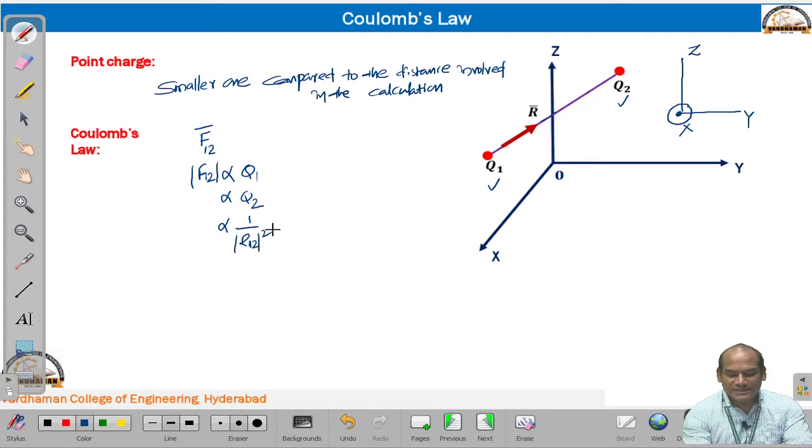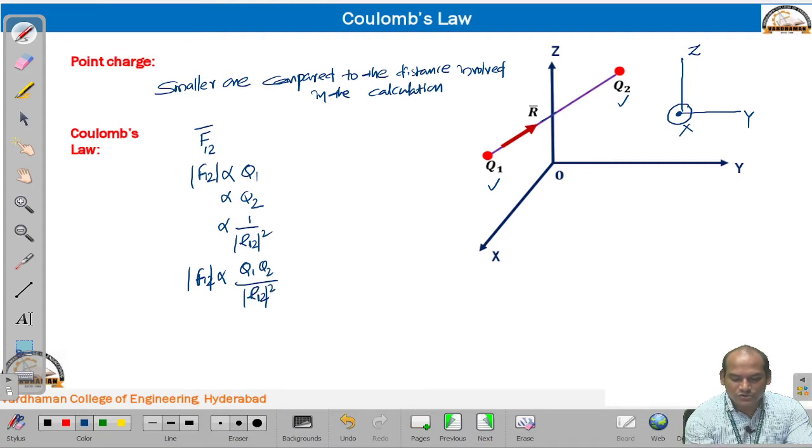So, by using this information, we can write the magnitude of the force experienced by the point charge q2 due to the point charge q1: magnitude of F12 is proportional to q1 q2 by magnitude of r12 square.